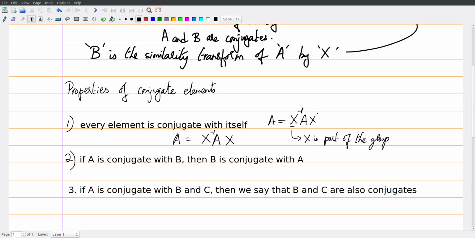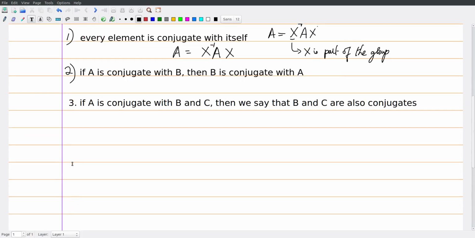Now a complete set of elements that are conjugate to one another. So what is a class? Okay, so the question is, what is a class?